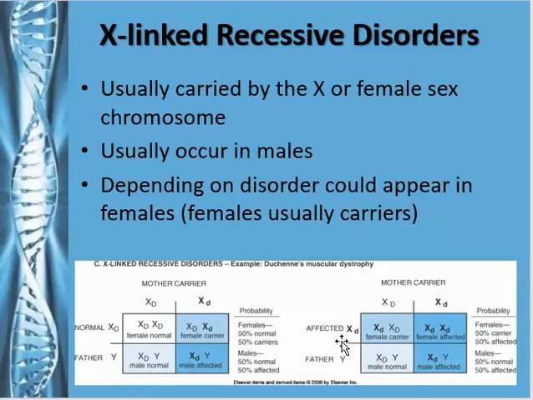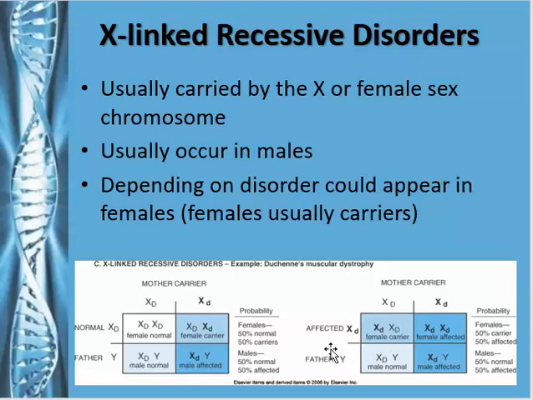If there's an affected father, then 50% of the girls will be carriers and 50% will be affected. And 50% of the boys will be normal and 50% will be affected. Normally speaking, this is what we see the most often.